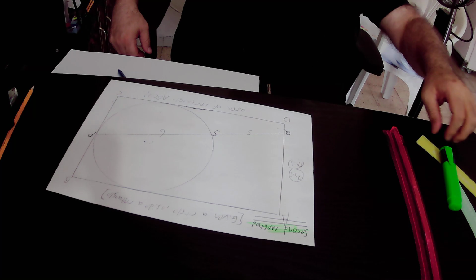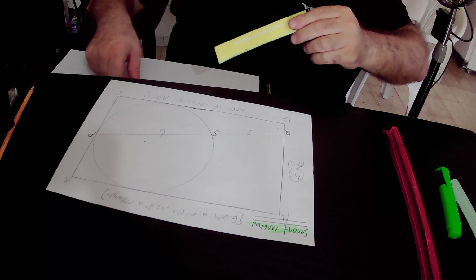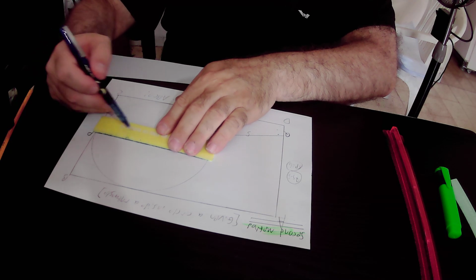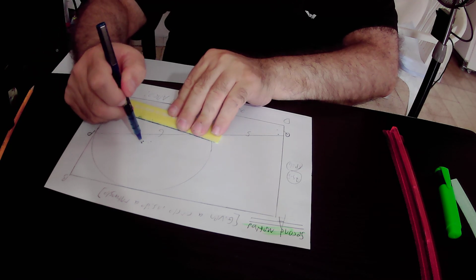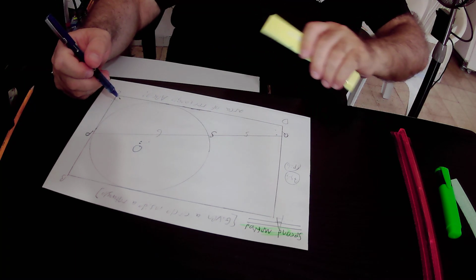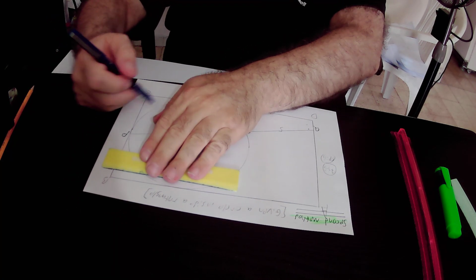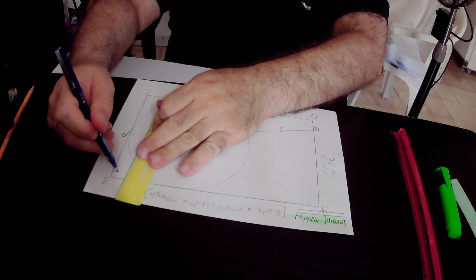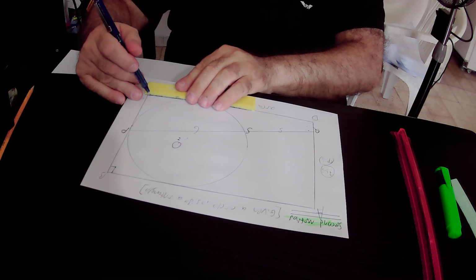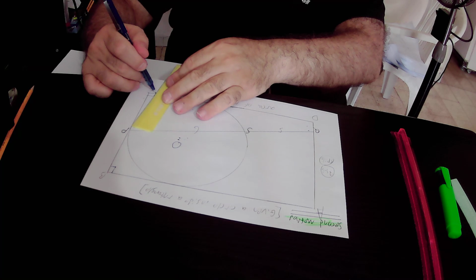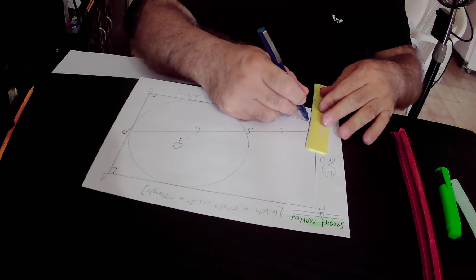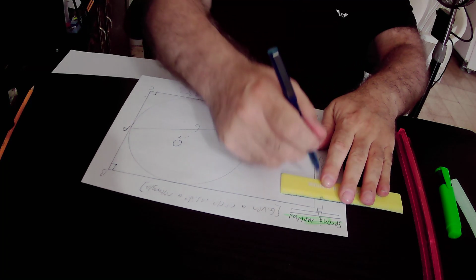In the second method, we define the center of the circle as O. We know that all the angles inside the rectangle are right angles, so this angle equals 90 degrees, this angle also equals 90 degrees, and so do the other two.